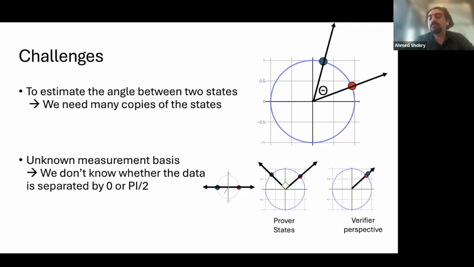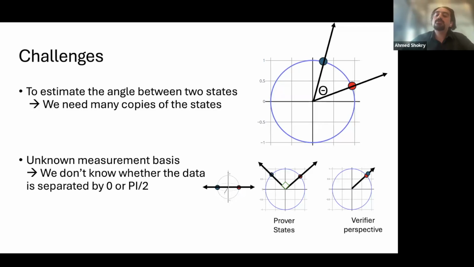So for example, assume that the prover separates the two groups with angle pi over 2, but uses the Hadamard basis, so that the two groups are separated with angle pi over 2. One of the two groups is aligned with plus and the other group is aligned with minus.